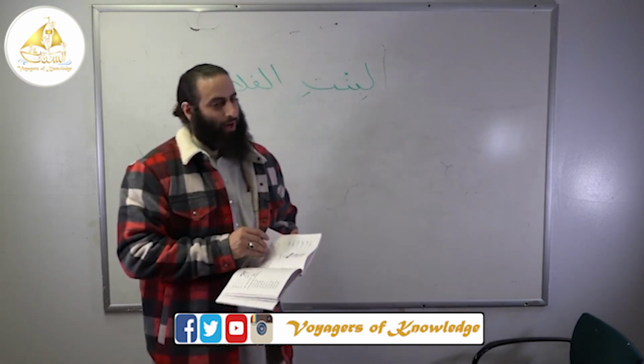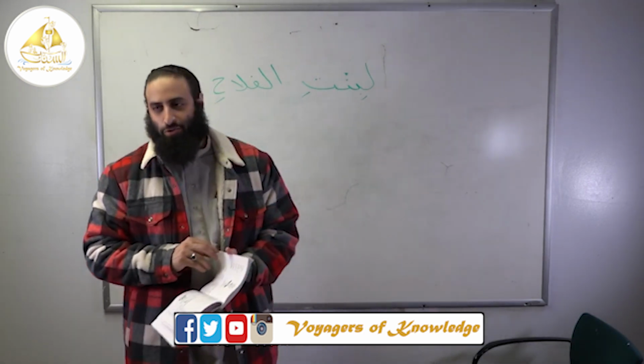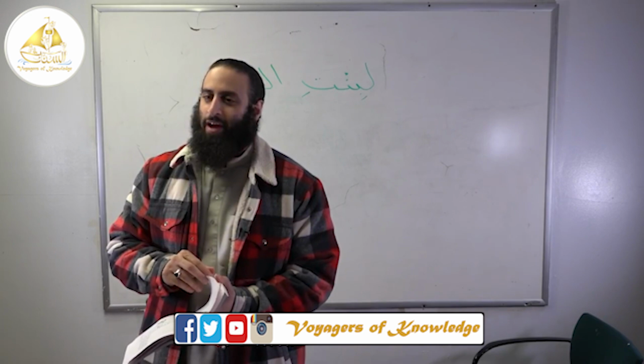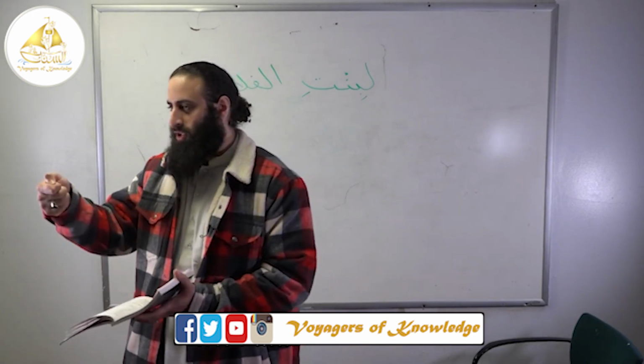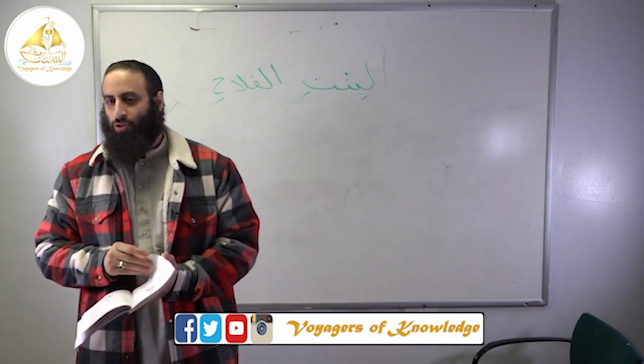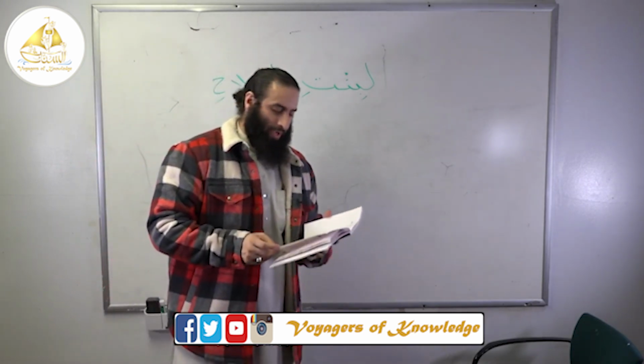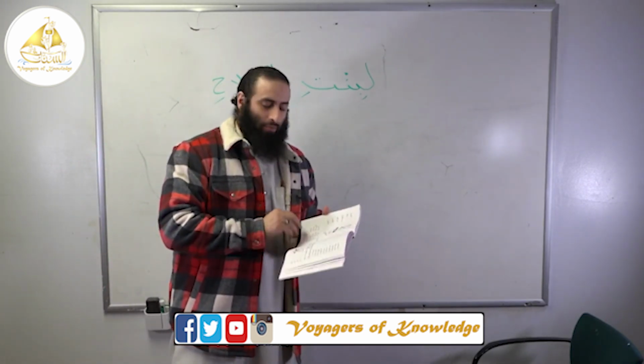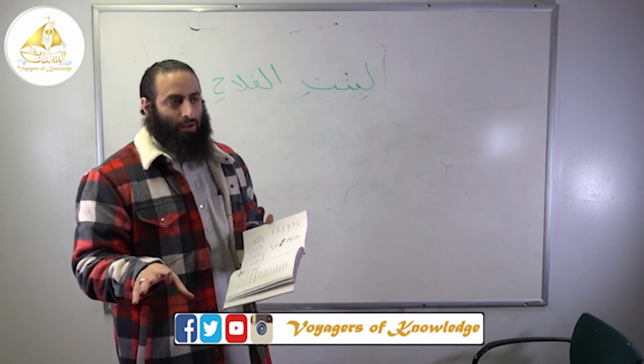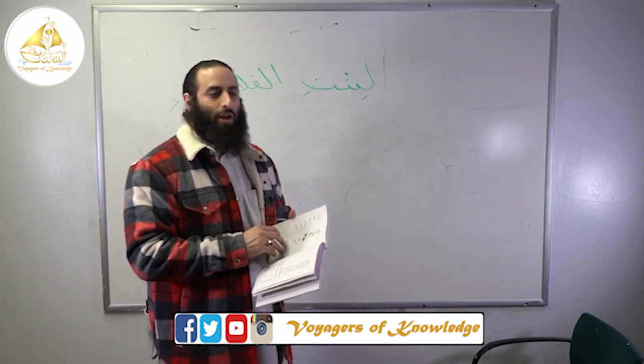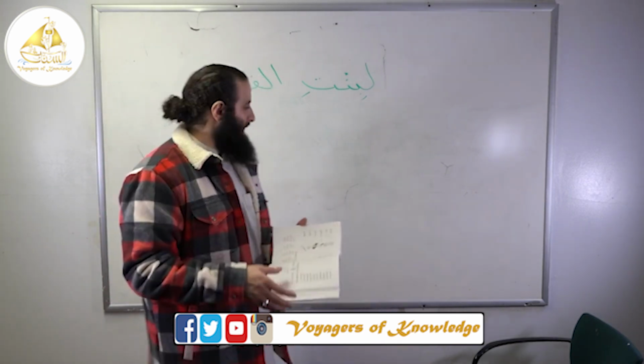Very good. You caught yourself right at the last second. هذه الملعقة للطالب. This spoon is for the student. واضح؟ If we got rid of هذه, then you would just say هي للطالب.